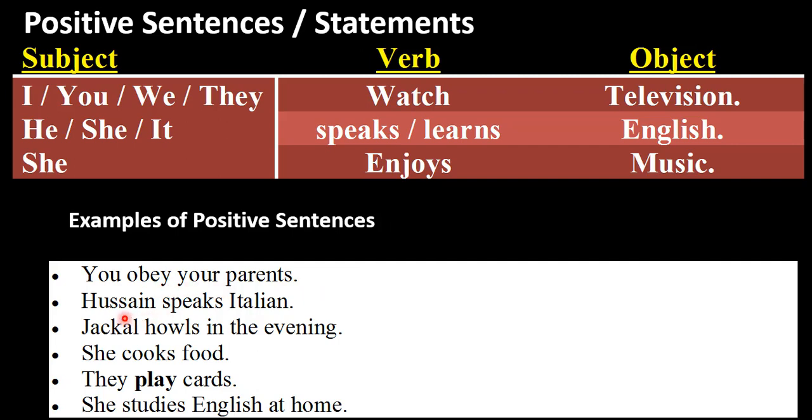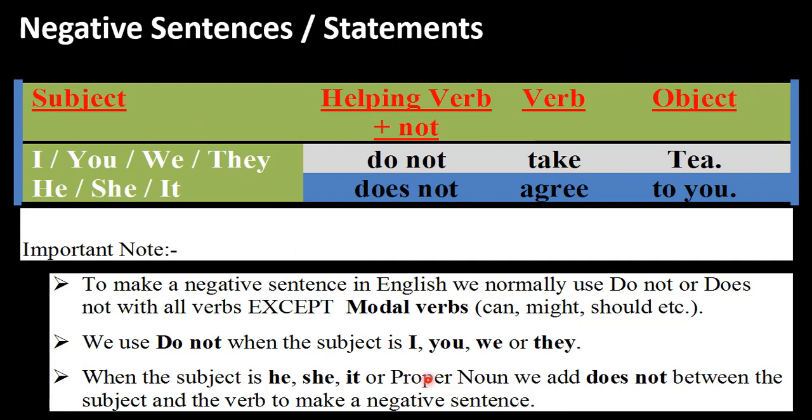Some other examples of positive sentences are here. You obey your parents. Hussein speaks Italian. Jackal howls in the evening. She cooks food. They play cards. She studies English at home.